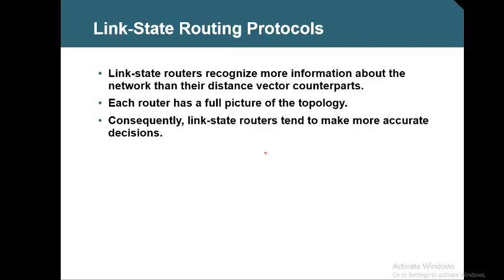This is the reason why, when we do traffic engineering, we always go with link state protocols. Because for traffic engineering, you need to know the complete city map. Only then you can be a very good traffic police.